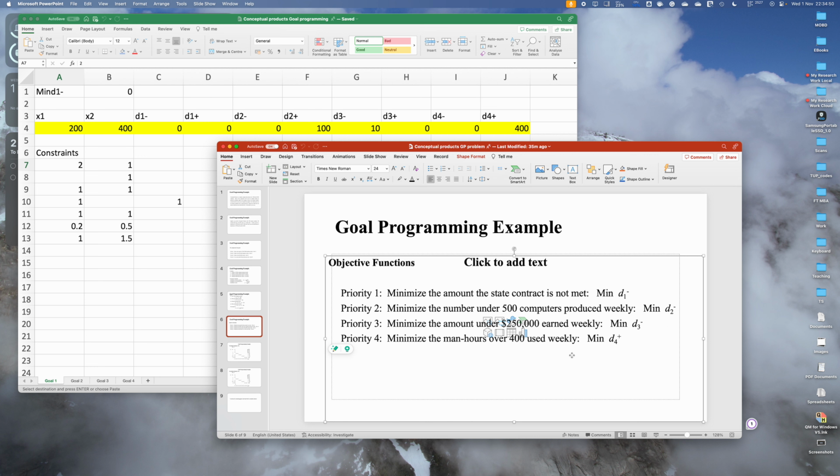That is why I'm writing minimize the underachievement of the goal, which is minimize d1 negative. Then we have minimize the number under 500 computers produced weekly, so I need to minimize the underachievement again here. Minimize the amount under $250,000 earned weekly.